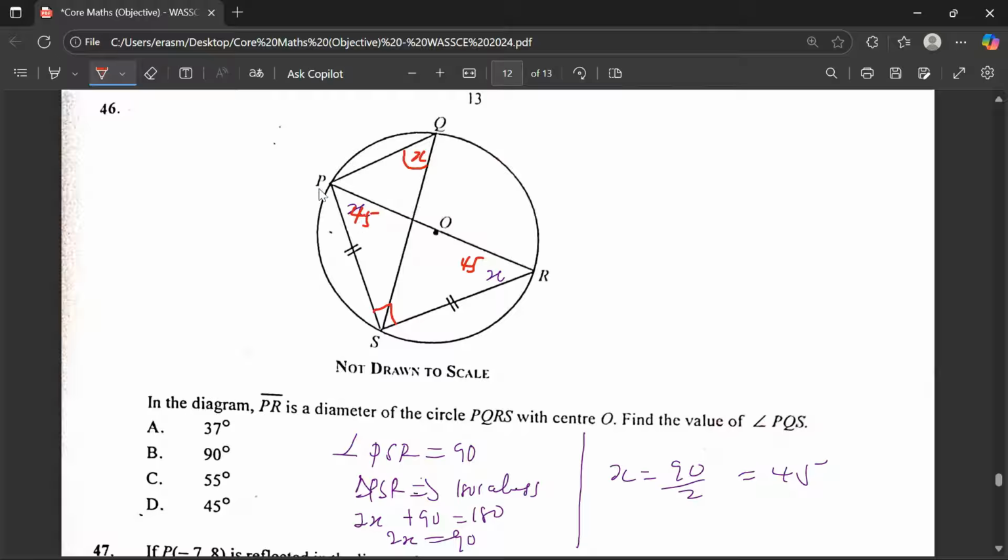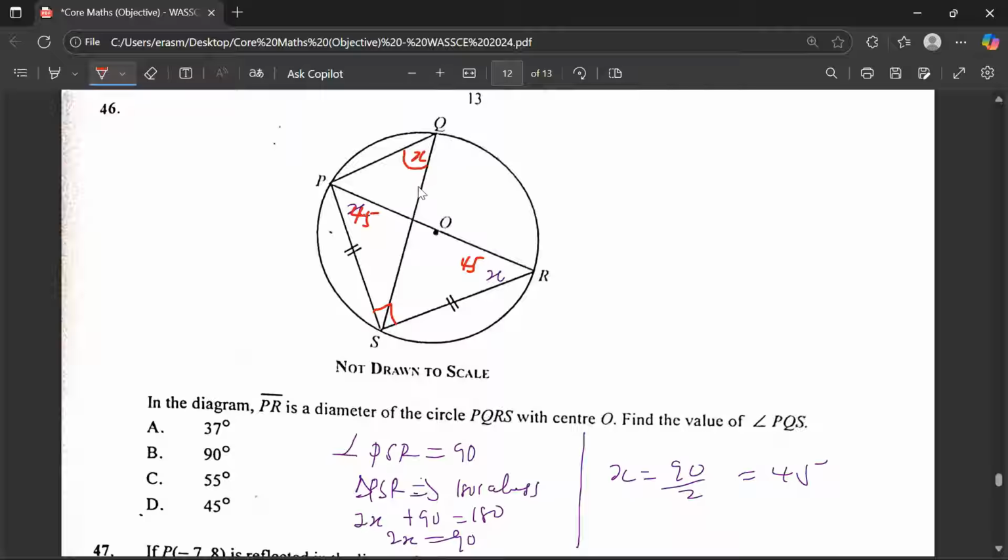Now, consider the chord PS. PS subtends an angle at the point R, and in the same segment, PS subtends an angle at the point Q, and we know that these two angles will be the same.